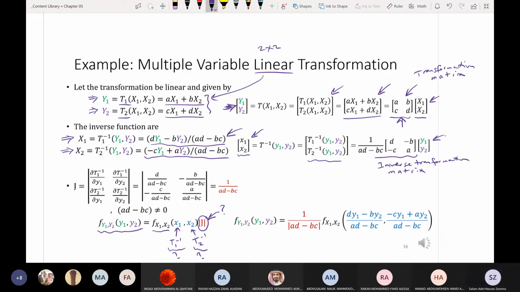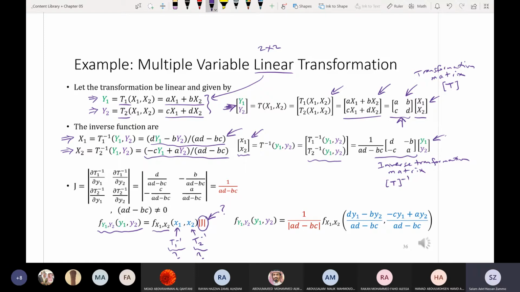Okay? So if this transformation is written as T like this, then this is T inverse, the inverse of the transformation matrix.